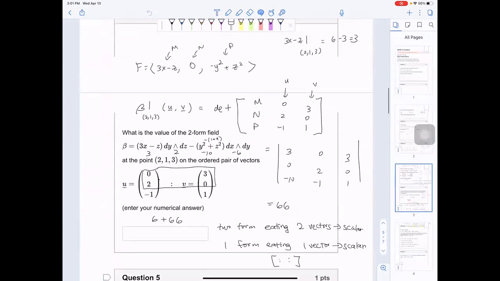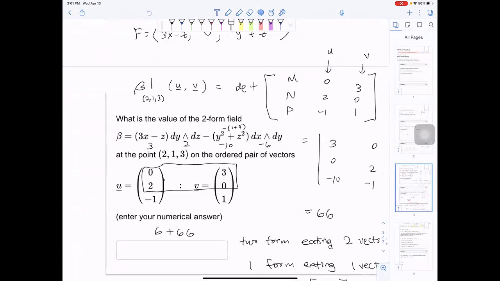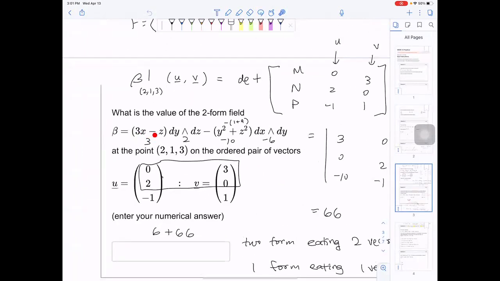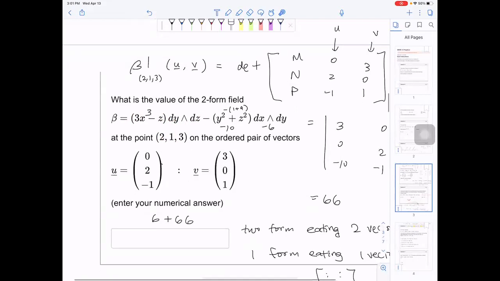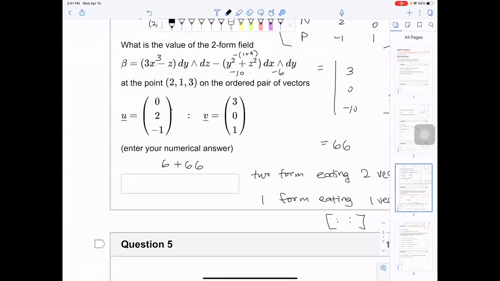So we see they're asking you for the form evaluated at the point 2, 1, 3. I can plug in my point into this. So I get 3 times 2 or 6 minus 3, so I get 3 here. Then dy wedge dz is going to be, if I wrote our two vectors as some matrix A, 0, 2, negative 1, 3, 0, 1.